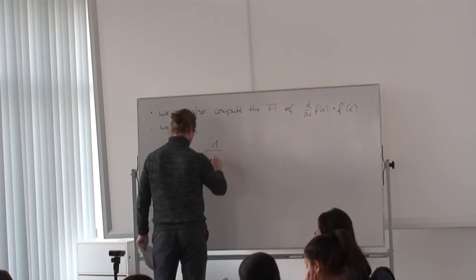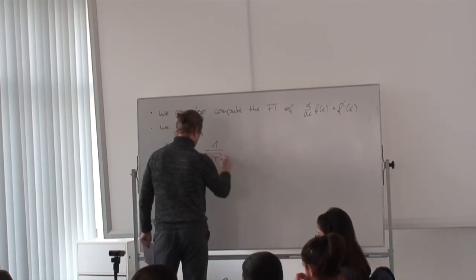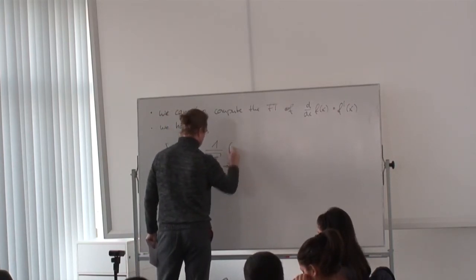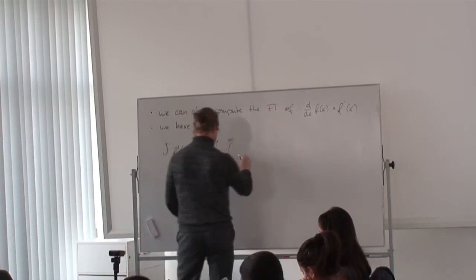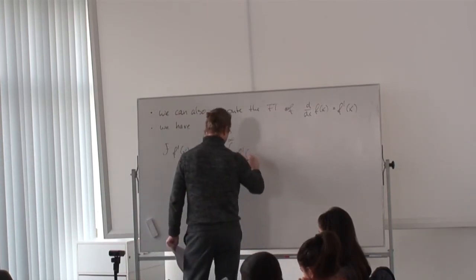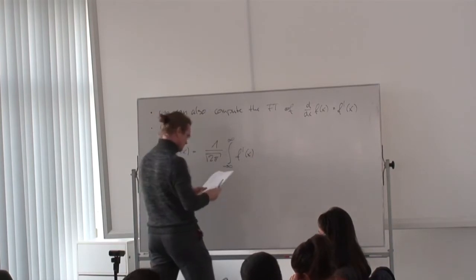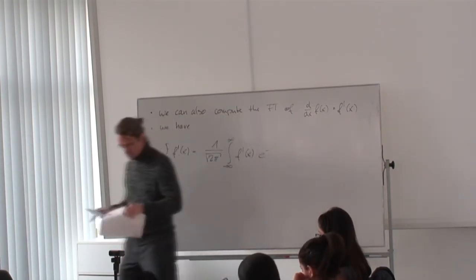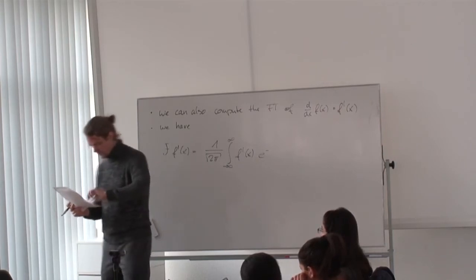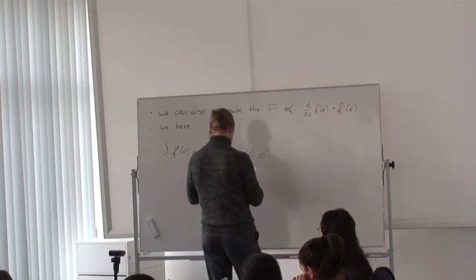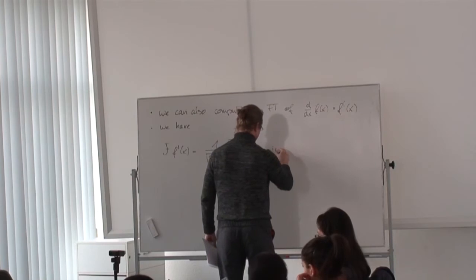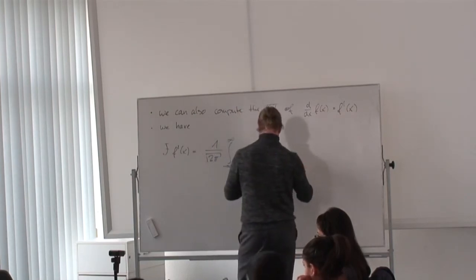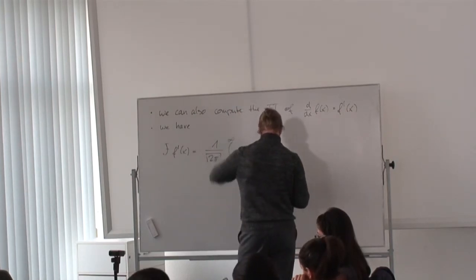So 1 over square root of 2 pi times the integral from minus infinity to infinity. The only difference is that we have f prime now. E to the minus, wait a minute. Oh yeah, that's correct. Minus i omega x dx.